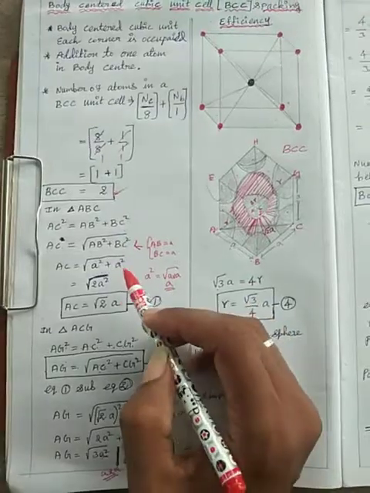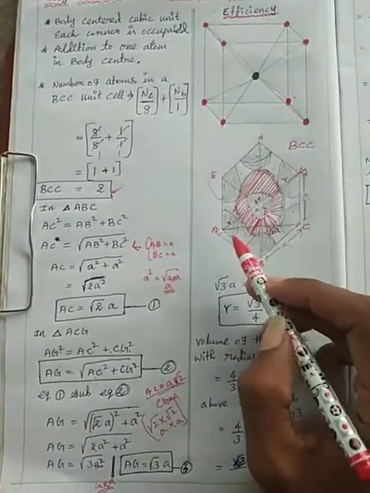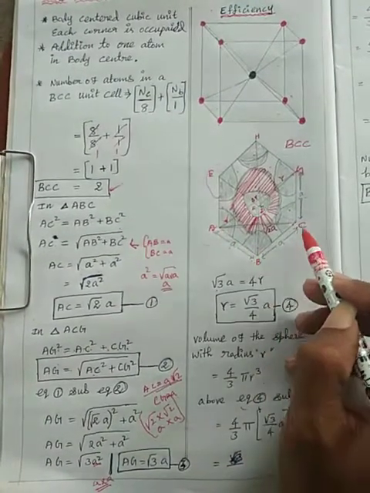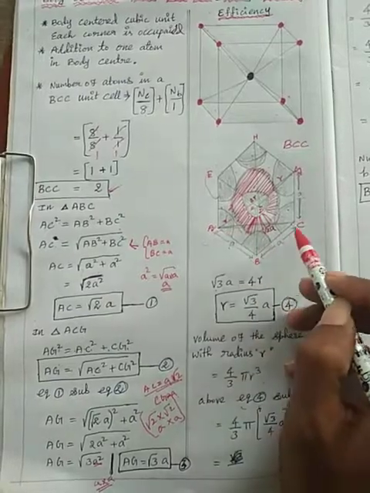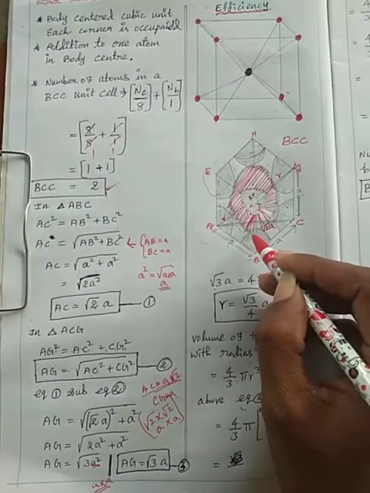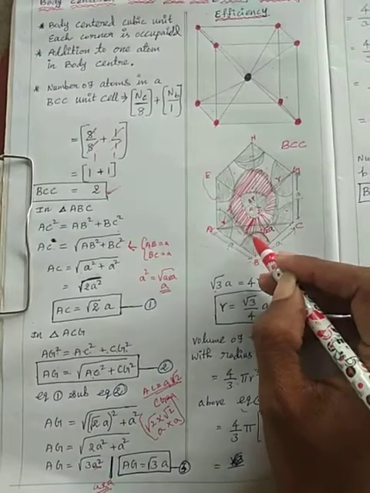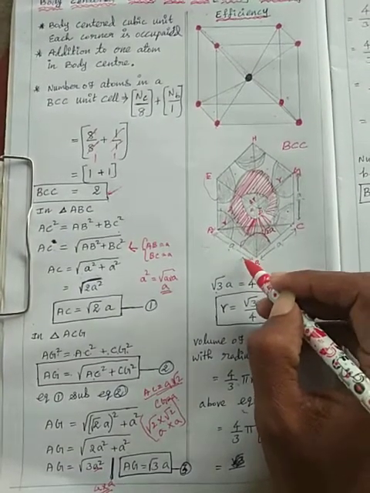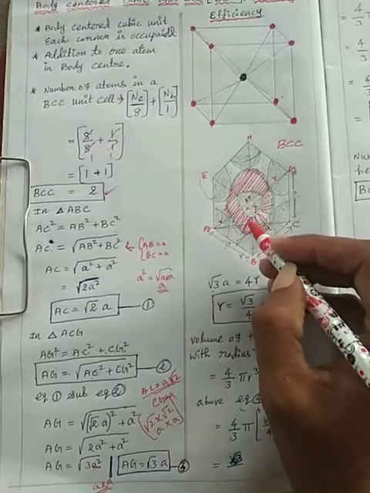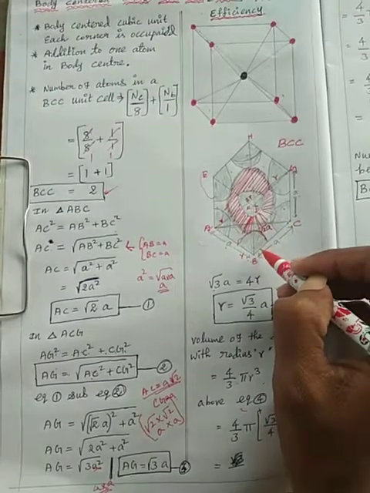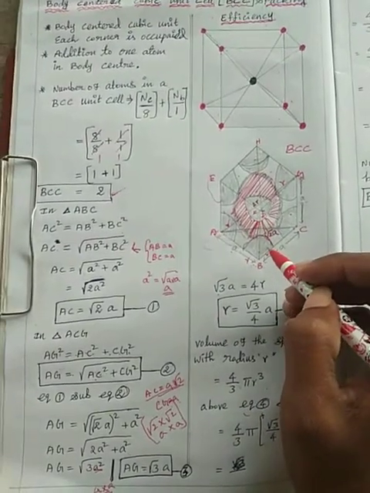So note this. Next, the triangle ABC of the body centered cubic. Every corner atom is present in one cubic unit cell at a quarter position, but the perfect radius is also the radius.